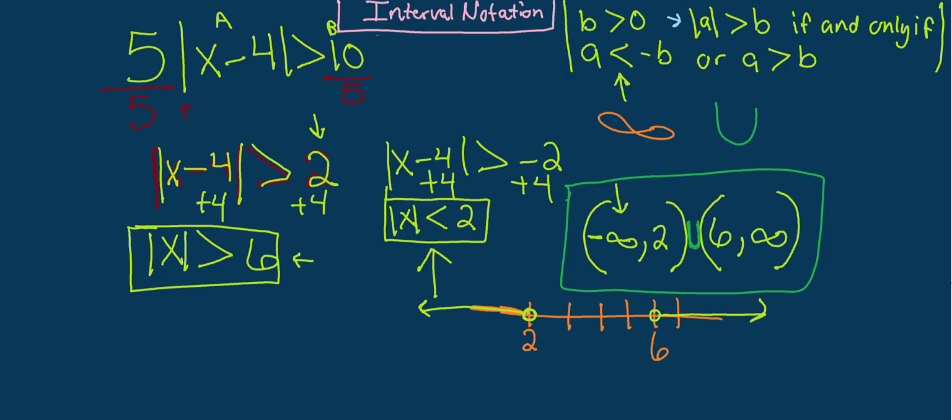And this is your answer. Open parentheses, negative infinity, comma 2, close parentheses, union symbol, open parentheses, 6, comma, infinity symbol, close parentheses. This is what it is, you all.